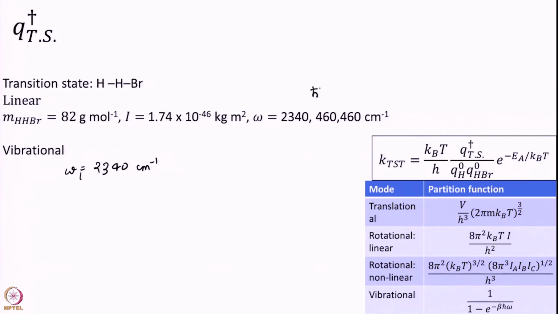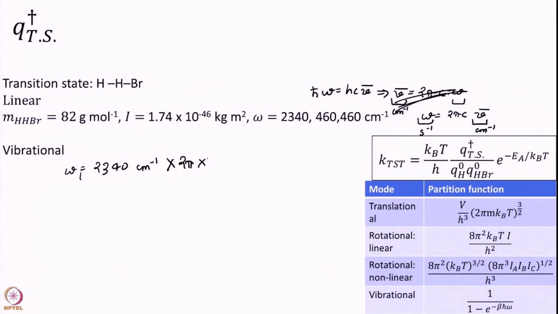So, again the formula I keep in mind is this one. So, this is in centimeter inverse, my apologies, omega equal to 2 pi c into nu bar. This is in second inverse, this is in centimeter inverse. Okay, so, I have to multiply this by 2 pi into speed of light.